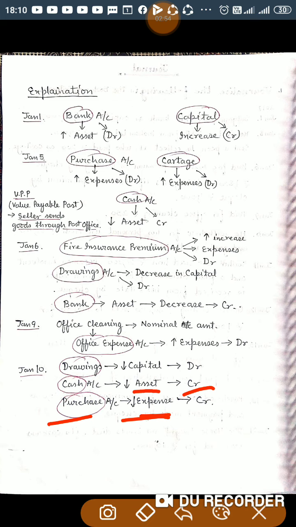Whenever we withdraw goods for any other reason, like withdrawn by the owner for personal use, or distributed as goods for charity, we will credit the purchase. Expenses will be decreased and a decrease in expenses should be credited.